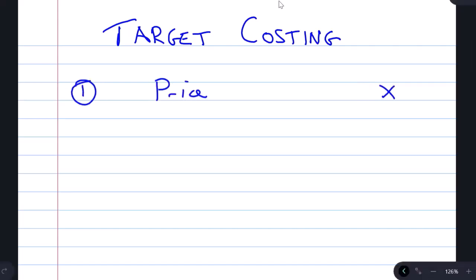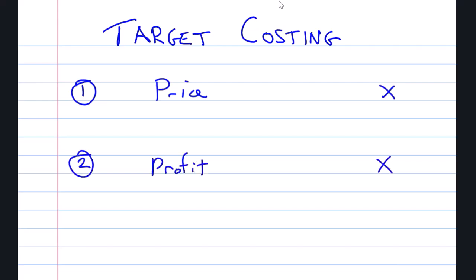The second step under target costing is to then determine the profit. And that will be based on the desired profit margin that we would like to achieve from our price. A company will have a cost of capital, investors, and investors will require a certain profit margin from the revenue of the company.